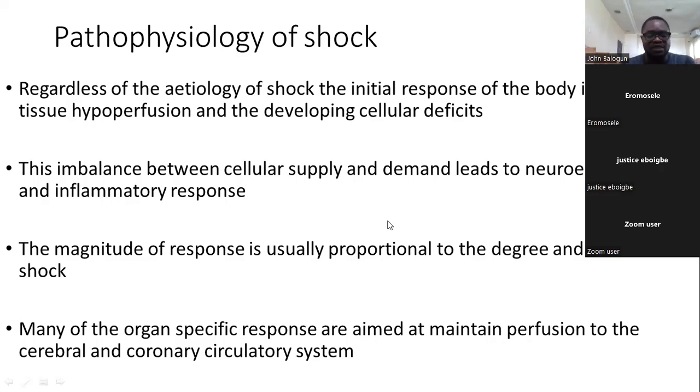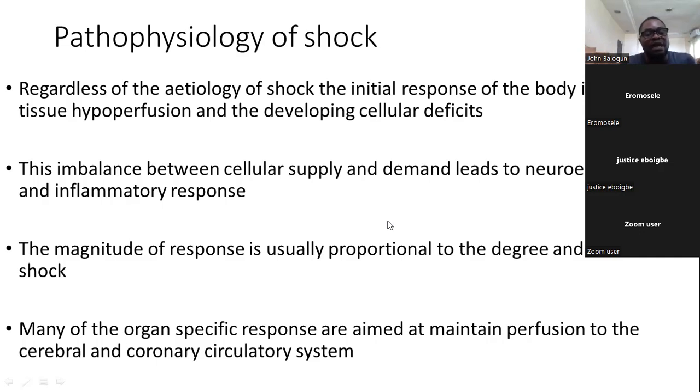So once you have a deficiency, the body compensates. Kidney, before you used to take 2 liters of blood per minute, now I'll give you 1 liter per minute. Intestine used to take 1.5 liters per minute, now I'll give you 500 milliliters. Muscle used to take about 1 liter per minute, now I'll give you 200 milliliters.